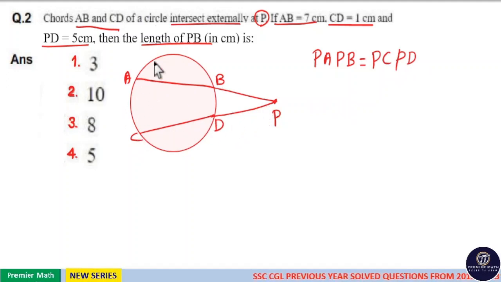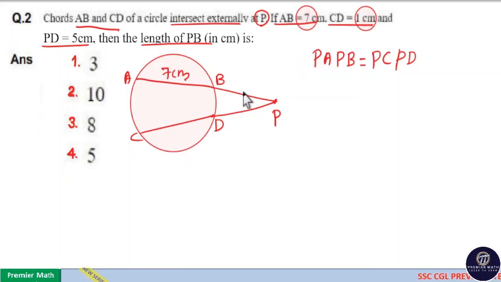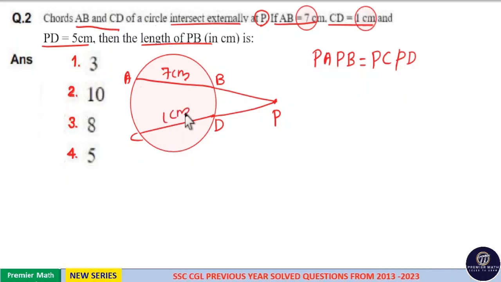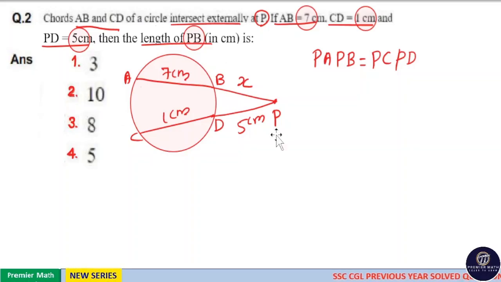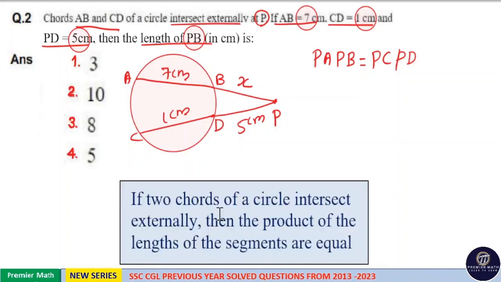Now here AB equal to 7 cm and CD equal to 1 cm. PD equal to 5 cm. Now we have to find the length of PB. Consider length of PB as x. This is the concept used here. So let's find the answer.